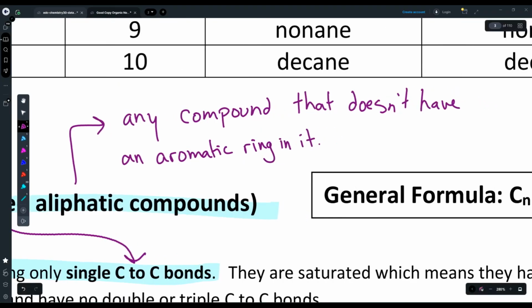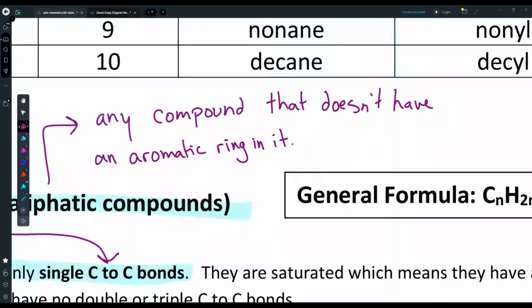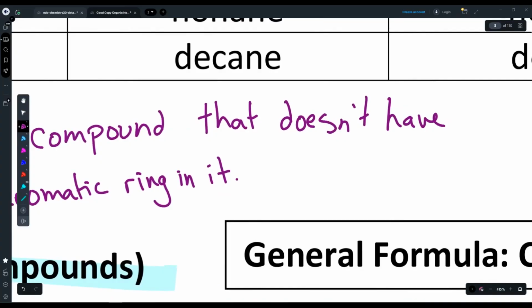Okay, but if you really wanted to know that right now, an aromatic ring looks something like that. This is called benzene, and any compound that has benzene in it is going to be considered aromatic.